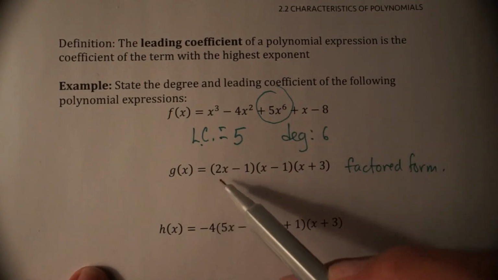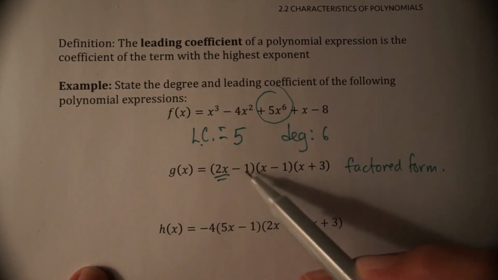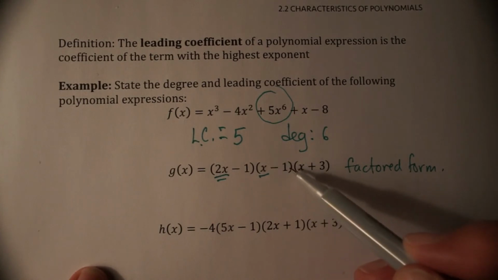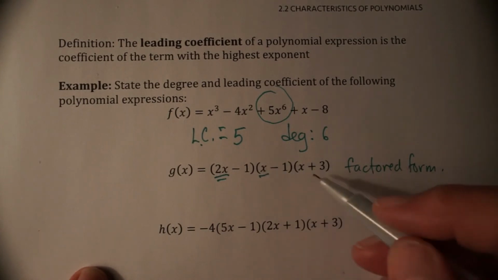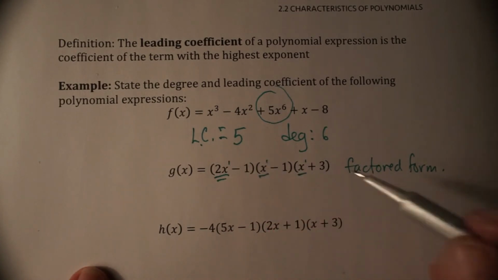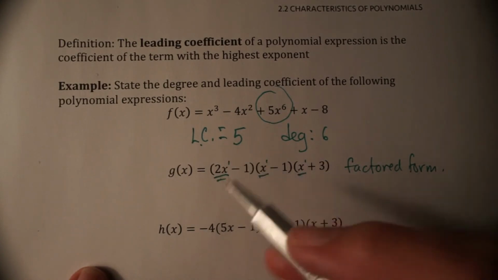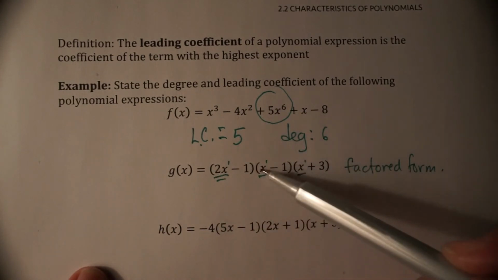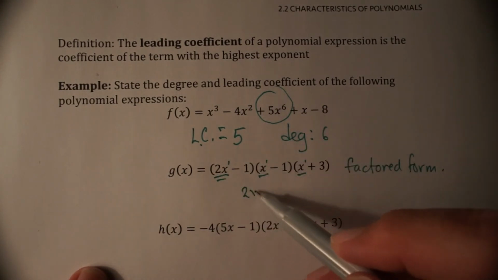So for example, in this one, 2x is the higher of the two in that bracket. 1x is the higher power of the two terms in that bracket, and x again to the power of 1 is the highest in that bracket. So if I were to multiply those highest terms together, I'd have to do the coefficients too, so 2 times 1 times 1, 2x cubed.